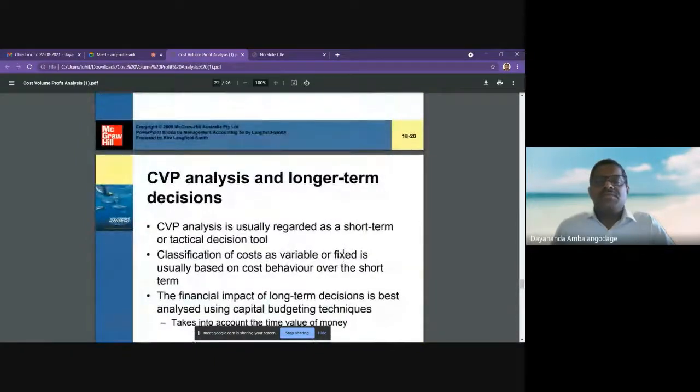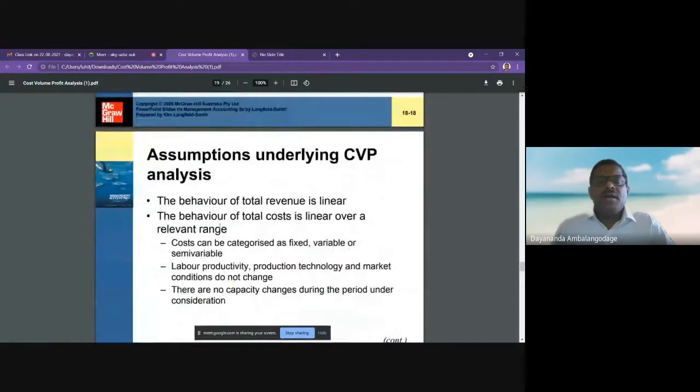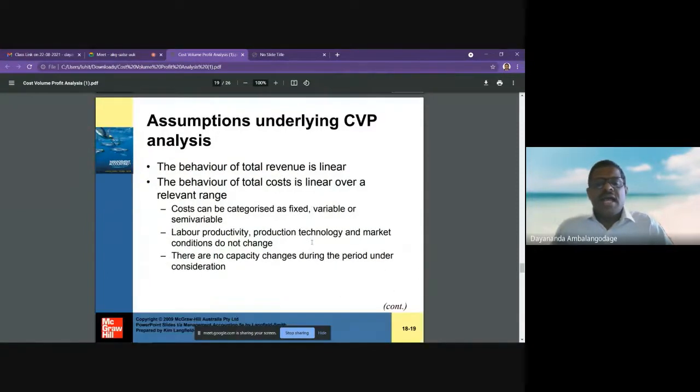Coming back to the assumptions again: cost can be categorized as fixed and variable. Revenue is linear, cost is linear, and labor productivity, production technology and market condition do not change. In the environment where you do business, certain factors change.